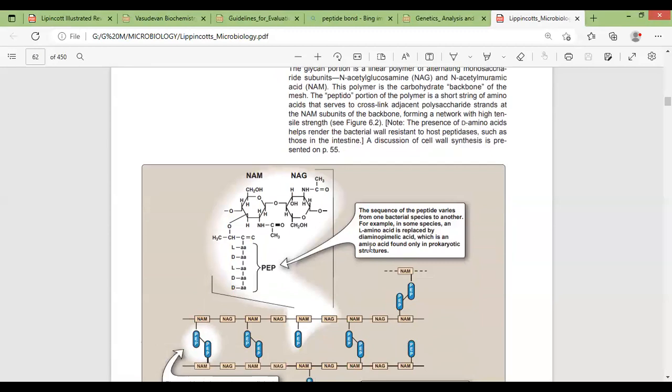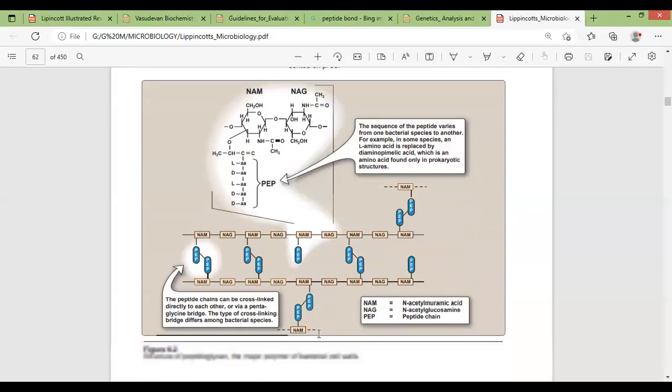You can see here they have been linked, N-acetylmuramic and N-acetylglucosamine in that way. And then there are a few amino acids. I think this is a typical structure here. In short, this whole structure we call the peptidoglycan layer. The peptido part comes from this peptide chain.